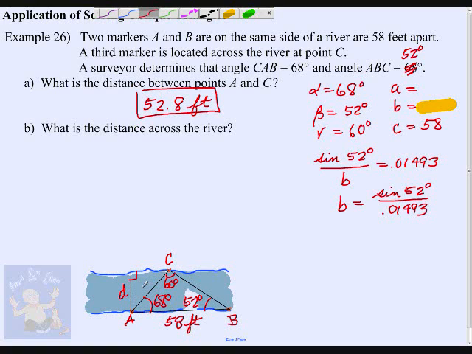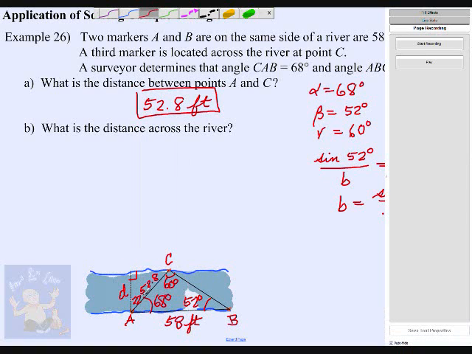This was 52.8 feet here. And do I know what this angle is? If this is 68, then the whole thing will add up to 90, so this one must be 22. Does that make sense? Yeah, so we got 22 degrees.